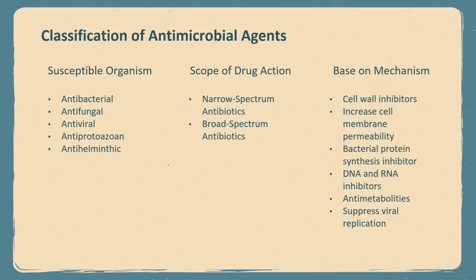And of course, we have, based on the mechanism, the cell wall inhibitors. When we say cell wall inhibitors, it weakens the cell wall of the bacteria. Examples of cell wall inhibitors are penicillin and the cephalosporins, which promote the lysis of the cell wall that can lead to death.